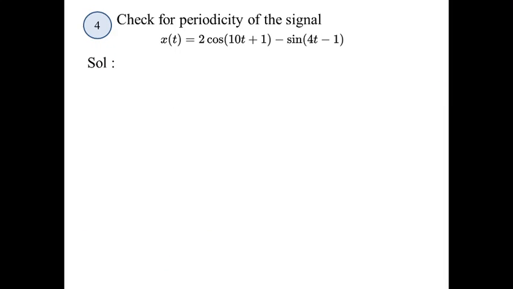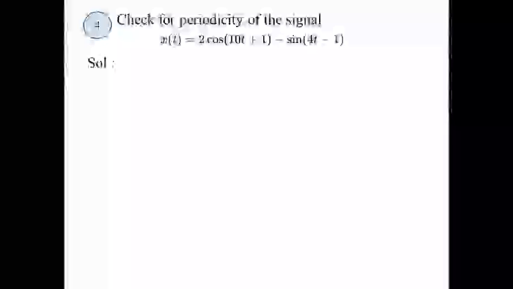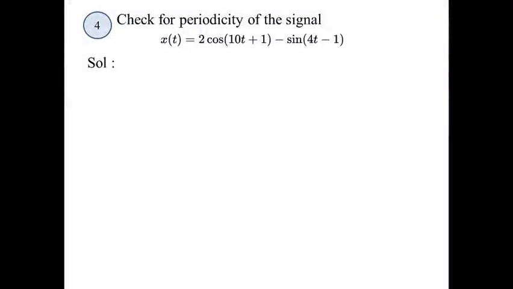Check for periodicity of the signal x of t equal to 2 cos 10t plus 1 minus sin 4t minus 1. Take a moment and just look at it. So x of t equal to 2 cos 10t plus 1 minus sin 4t minus 1.